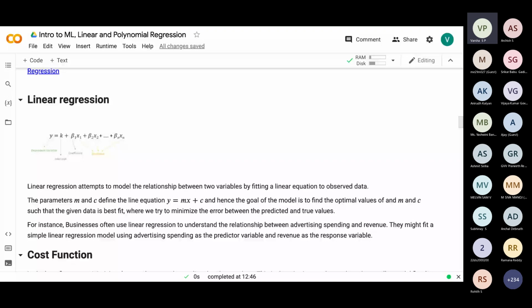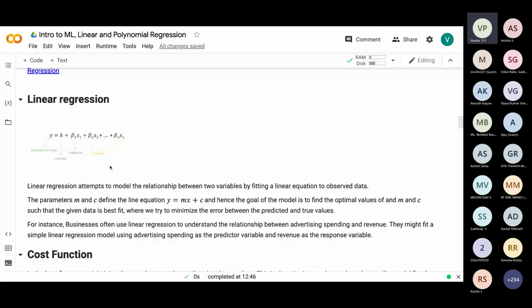You can see certain coefficients mentioned here, beta 1, beta 2, up to beta n and k. So betas and k are called the parameters. Basically, you train the model to get the best optimized parameters.